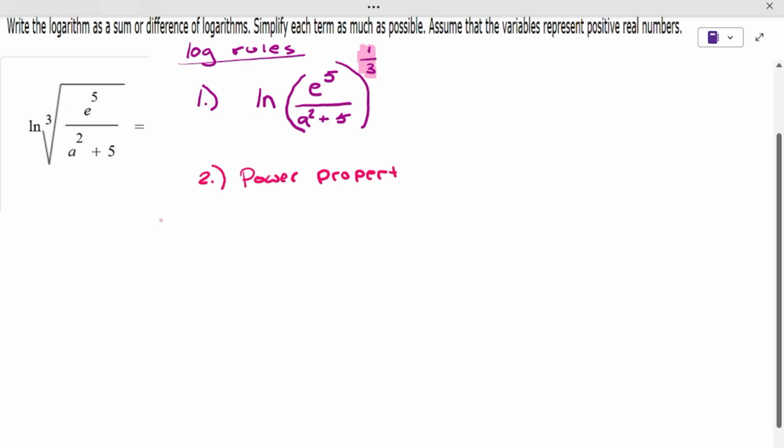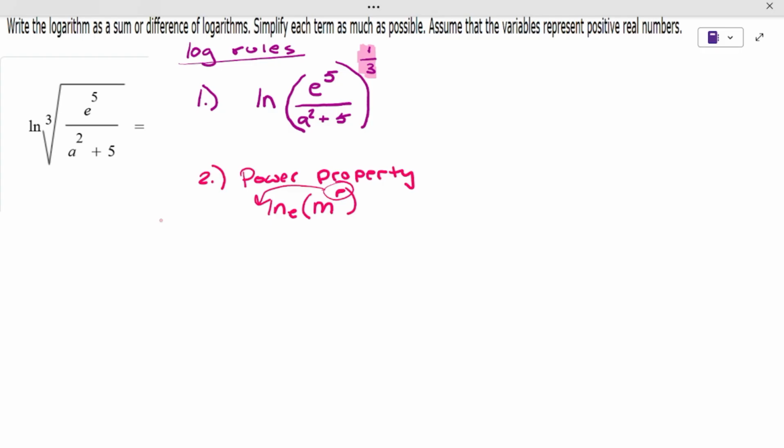The power property says that if you have log, or in this case ln, so I'll just keep that as ln to avoid confusion, of the base b, in that case it would actually be e, and we have a number to a power, we can take this power and put it in front of the natural log.